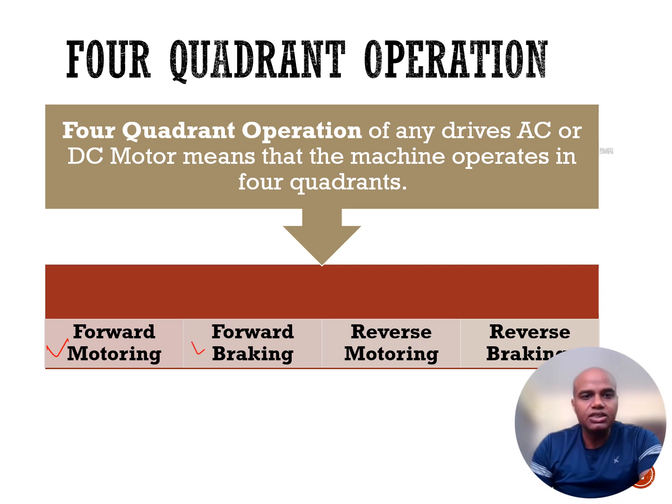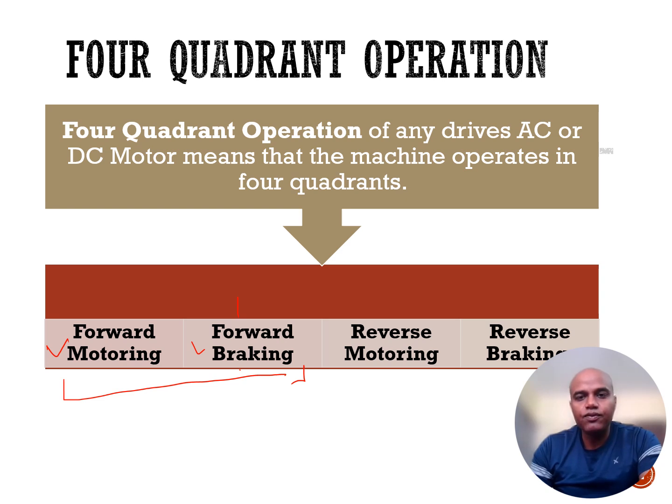These two we can easily understand by taking an example of an EV running in the forward direction. My motor deployed in the EV is working in the motoring action, and if I have to apply some braking action, in which quadrant is it working? It is working in my second quadrant.